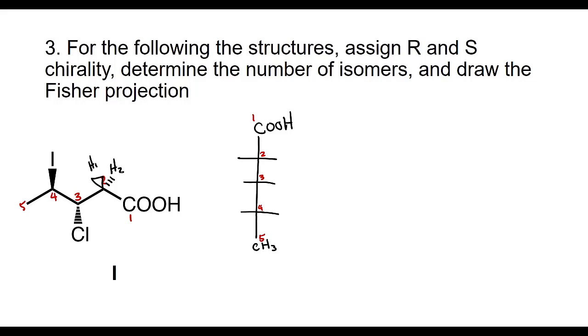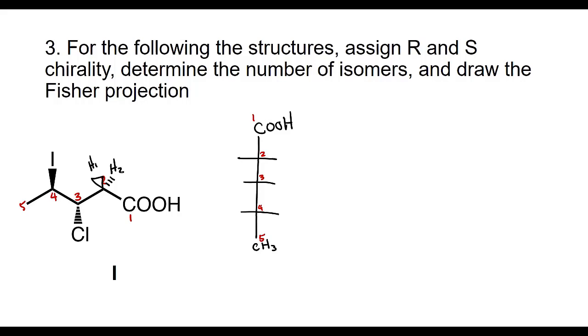Which way puts my carboxylic acid on top? So for carboxylic acid, I'm going to look this way, because when I look this way, my carboxylic acid ends up furthest away from me, which means it's on top. Now it's making sense.